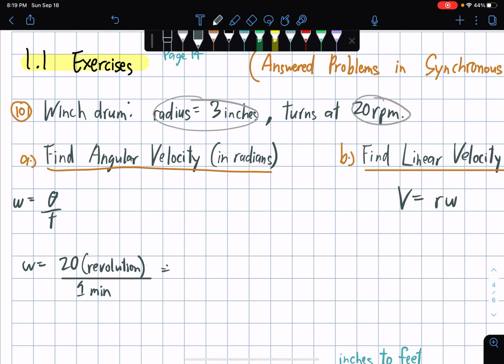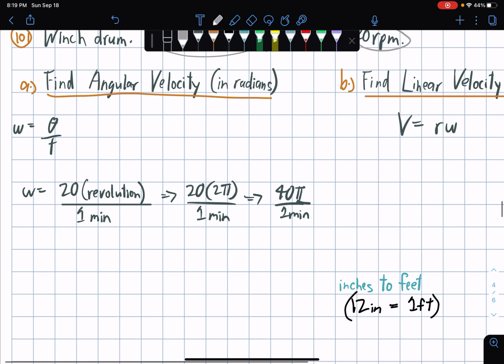So let's progress: 20 times 2 pi over 1 minute, which is 40 pi over 1 minute. So 40 pi, this is the angular velocity. I should fix my number 1. It's so ugly.